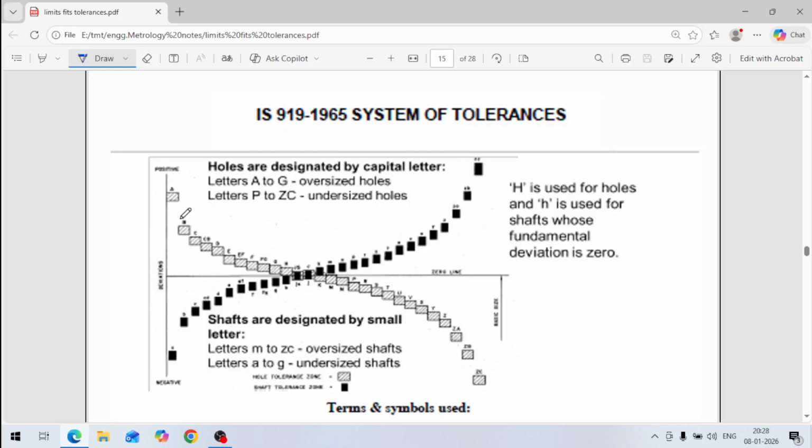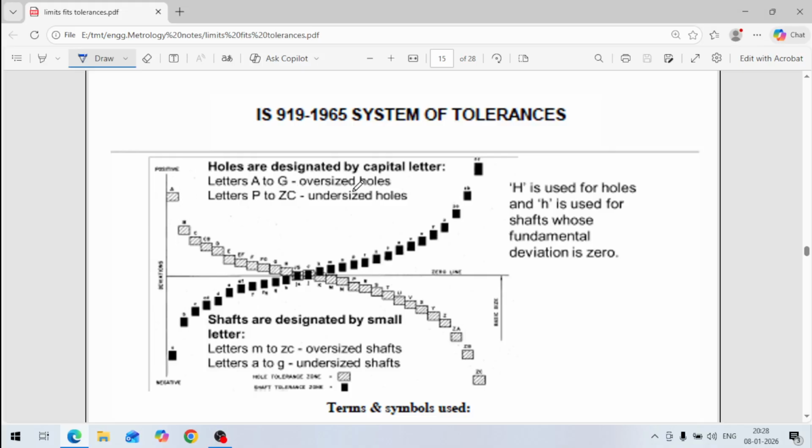Oversized means these deviations are on the plus side only. If a diameter is 6, it will be 6 plus 0.02 plus 0.05, like that. So both the tolerances will be on the plus side.